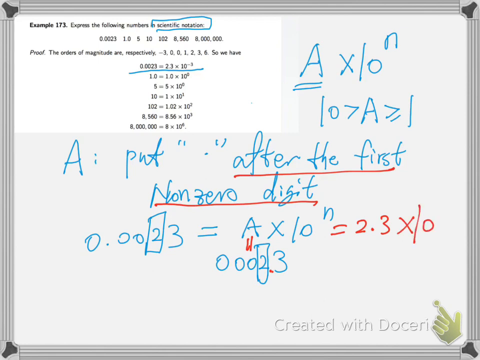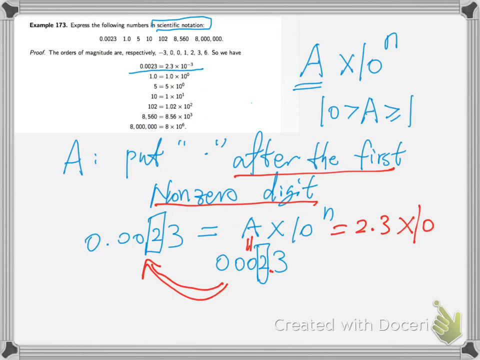Now what's the exponent n? How to find this n? Okay, n is the movement of the decimal point. N will change a to the given number. We'll change a to the given number by moving decimal points. How to move it?